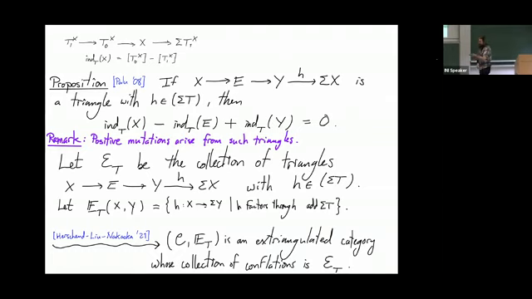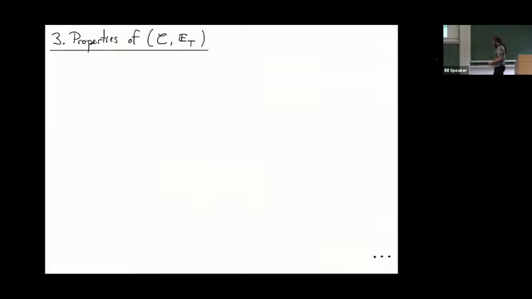It has a collection of triangles that comes with the definition. We restricted ourselves to a sub-collection. The new category, well, the same category with this new collection, is now extriangulated. Why is this a good thing for us? Well, I'll tell you in a second, but before that, I want to tell you about some properties of this extriangulated category.